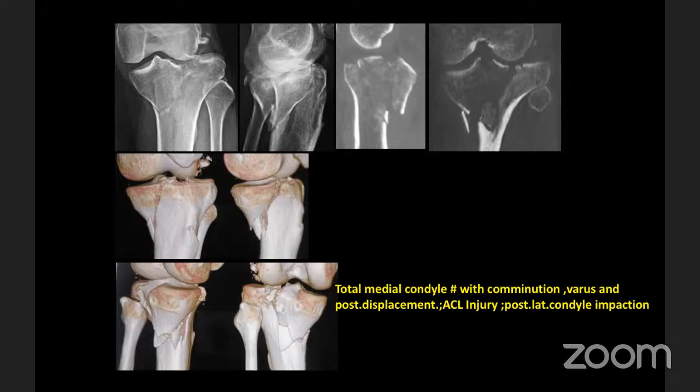So how do you decide that only 1 or 2 screws will suffice and you need a second plate? How do you decide that? Sir, initially I used to put 2 plates, but now I have changed over to a single plate to avoid more dissection. 1 or 2 6.5 cc screws hold things very nicely, so you can avoid the medial plate. But if there is too much comminution on the medial border, then you add the plate.